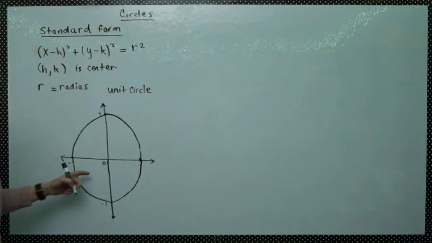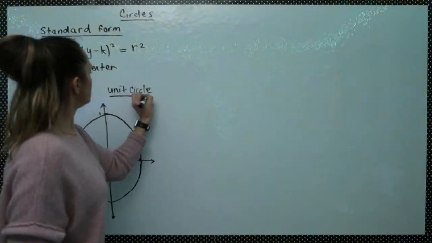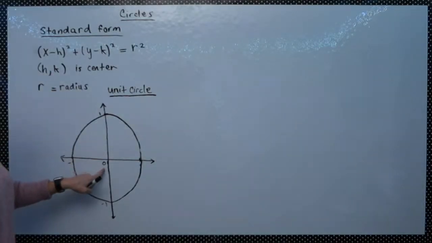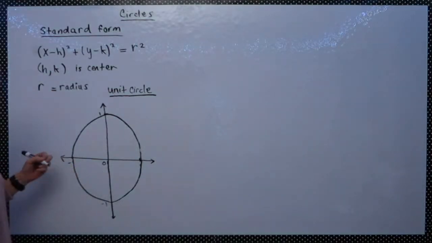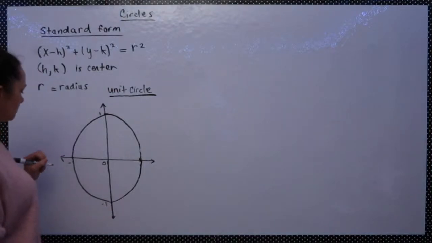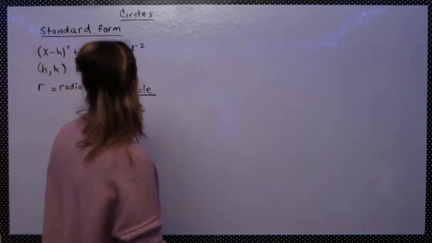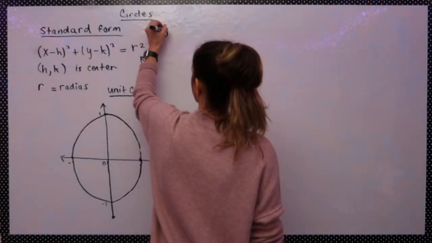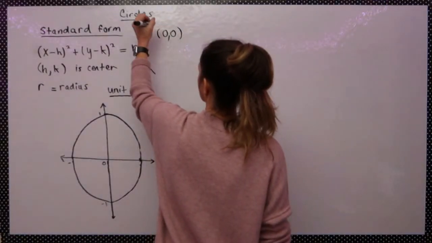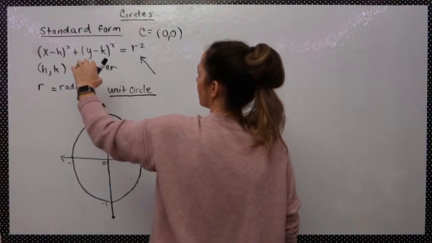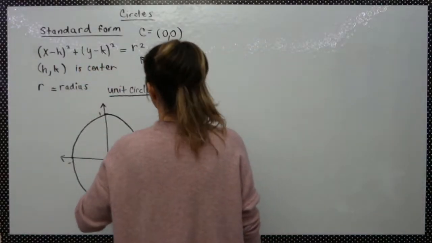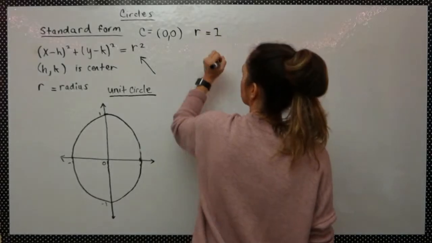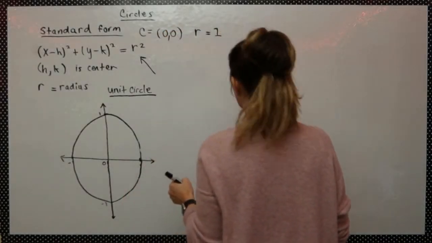So here's the graph of the unit circle, and its center, h comma k, is at 0, 0. For this equation, we're going to enter the value 0, 0 for the center, and we're going to enter 1 for the radius.